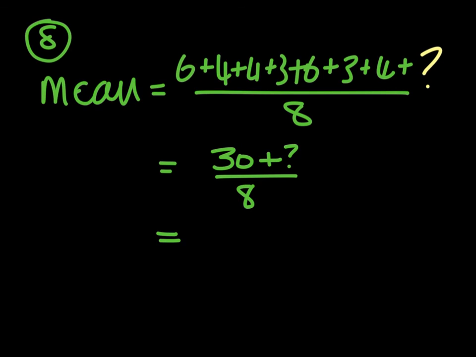If it's going to come out to be a whole number, then that should give you a little indication as to what that question mark should be. Okay, not with 5 for example, because then 35 does not divide by 8 nice and accurately. Okay, so try and work it out from there. And that should hopefully help with the homework this week.